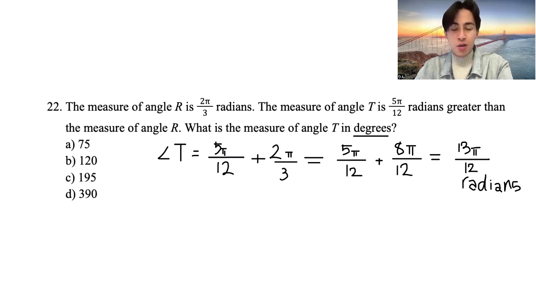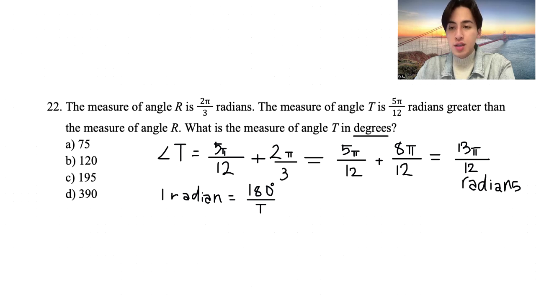So we have to convert it. So we know that 1 radian, I'm a slow writer, 1 radian equals 180 degrees over pi.